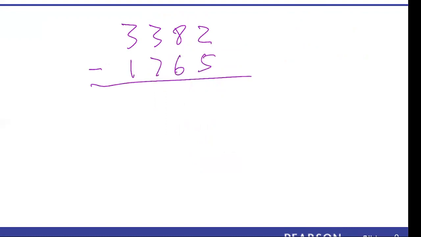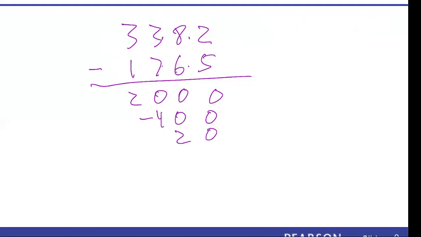Let's do, since I had so much fun with the thousands, let's do that again. 3,000 subtract 1,000, 2,000. 300 subtract 700, negative 400. 80 subtract 20, that's positive 20.